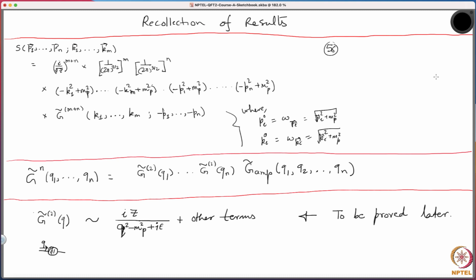So we look at g tilde 2 of q, or p, whatever you like, in perturbation theory.